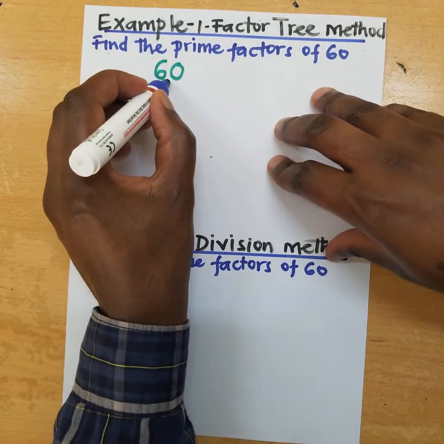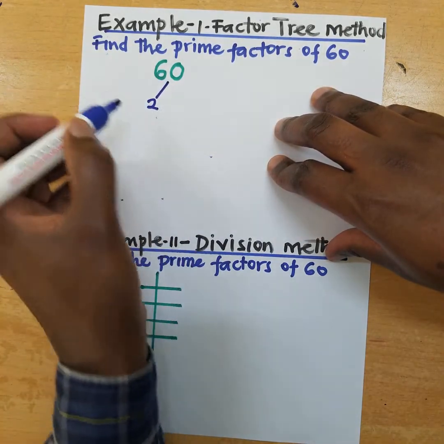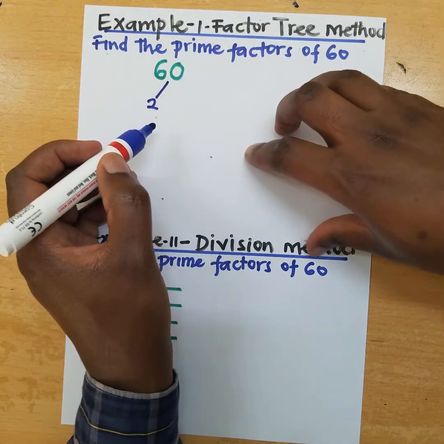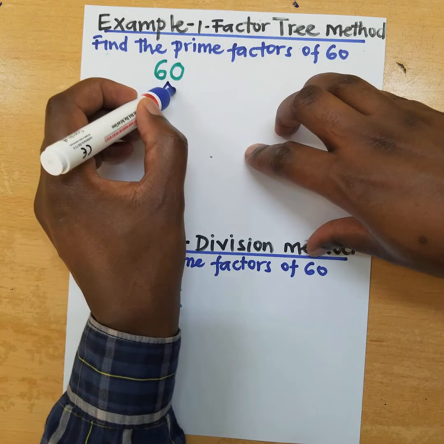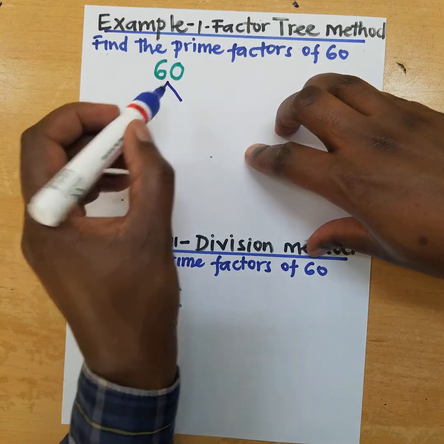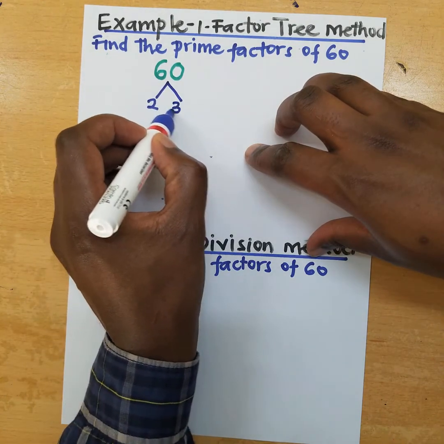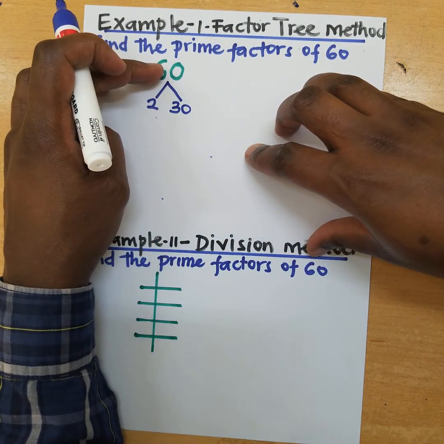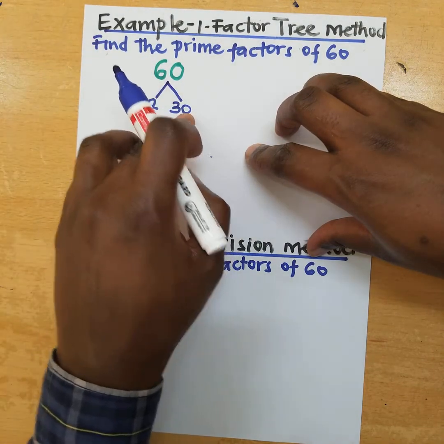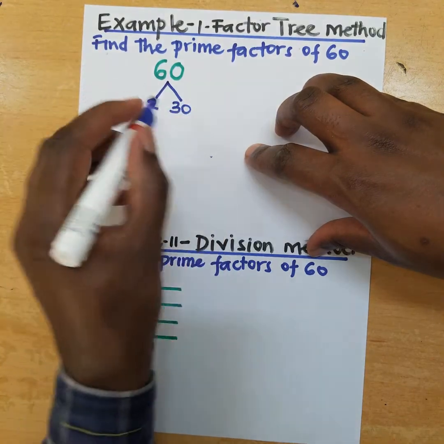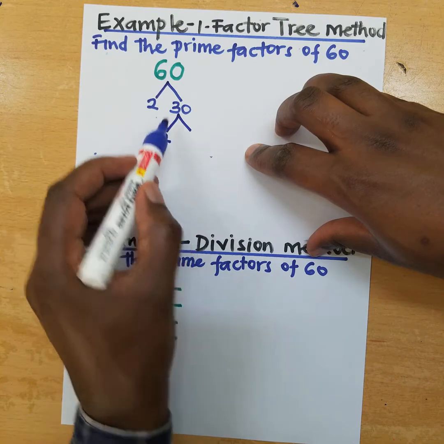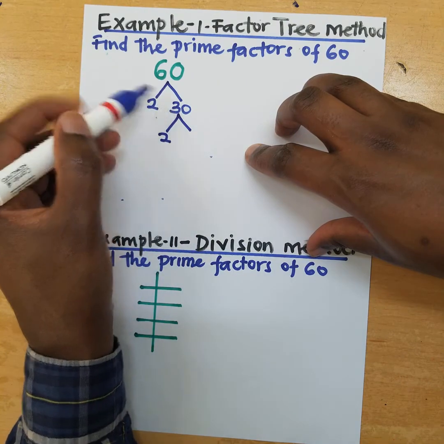If I use the first prime number, which is 2, and I split 60, 60 is the same as 2 times 30. Again, I'll divide 30 using a prime number, 2.